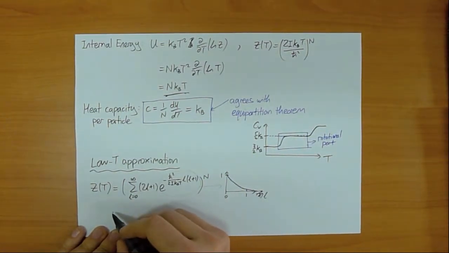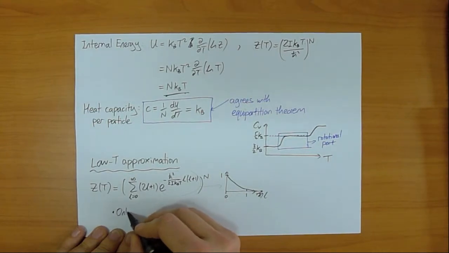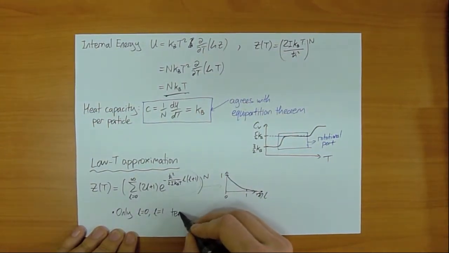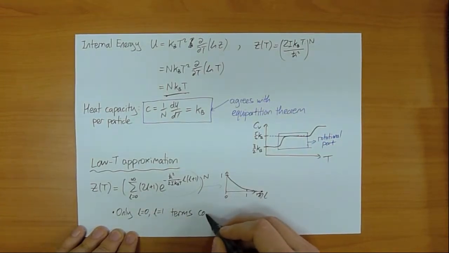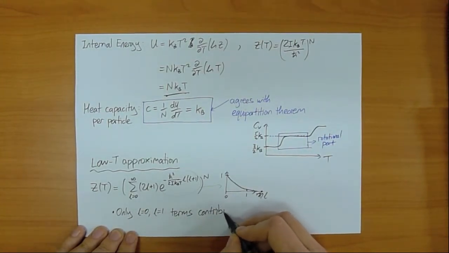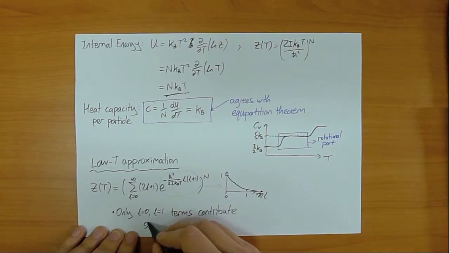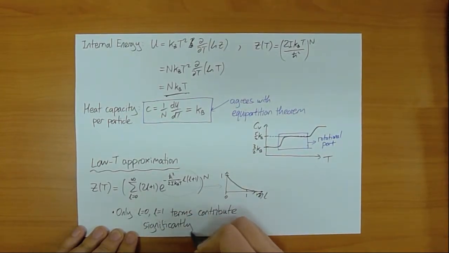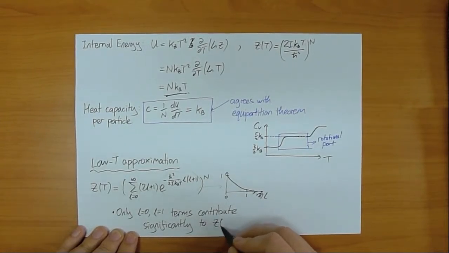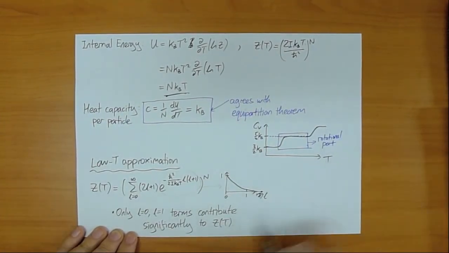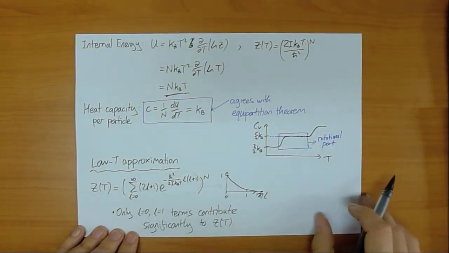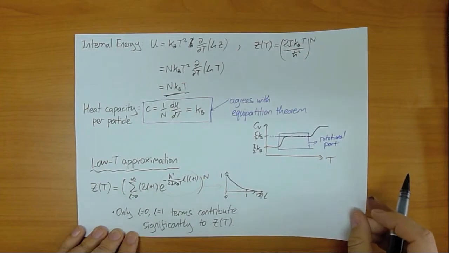So our approximation is going to be that only L equals 0, L equals 1 terms contribute significantly to the partition function z. Okay, so instead of doing the sum to infinity, which you can't do, I'll just do the sum over 0 and 1, which is quite easy.